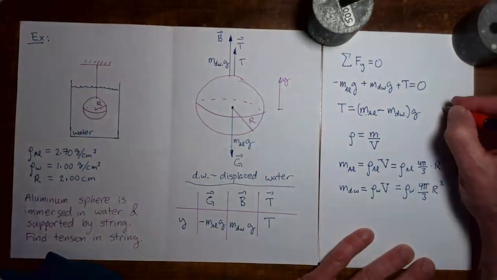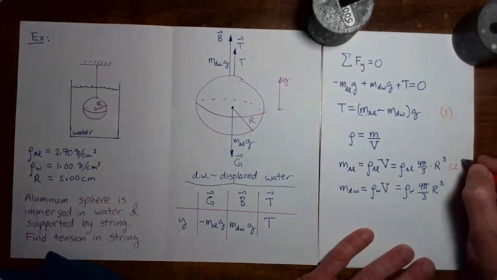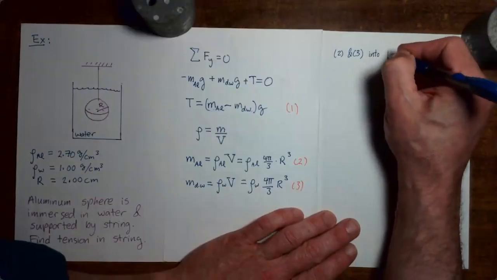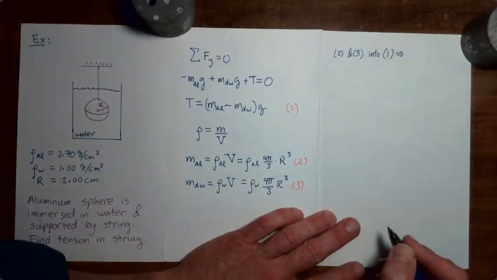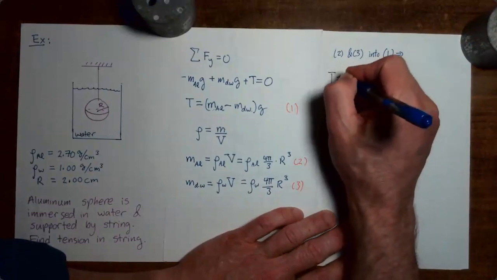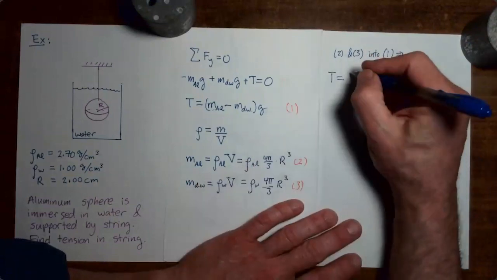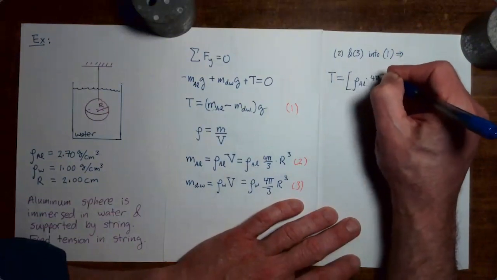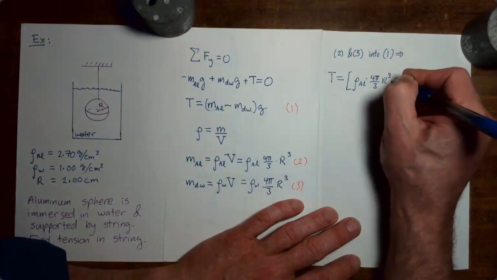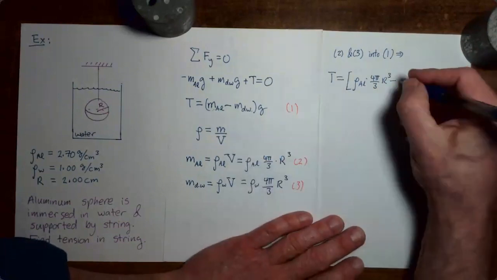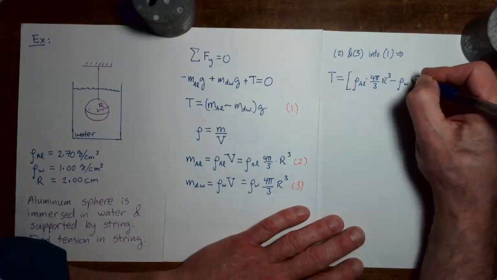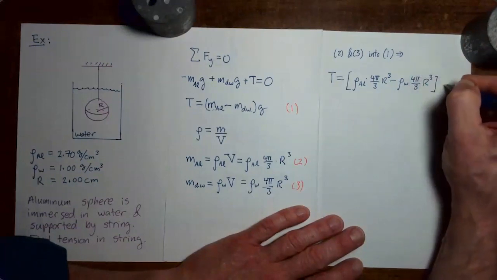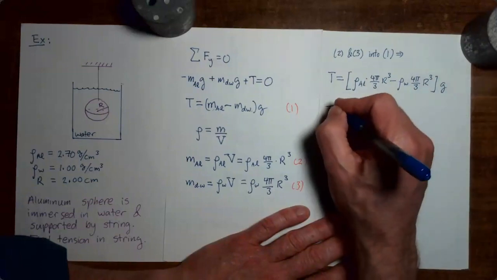Let's call these equations 1, 2, and 3. So we're going to put 2 and 3 into 1. That gives us tension equals, all right, mass of aluminum would be density of aluminum times 4 pi over 3 r cubed, minus mass of the displaced water would be density of water times 4 pi over 3 radius cubed, all of that times little g.